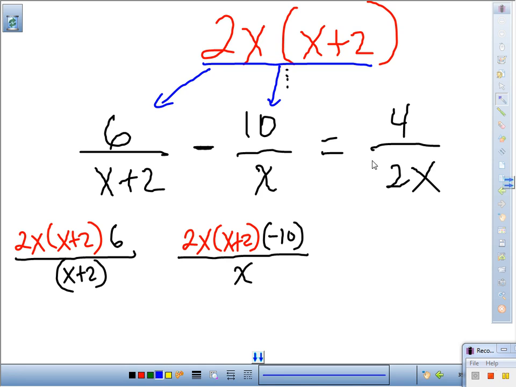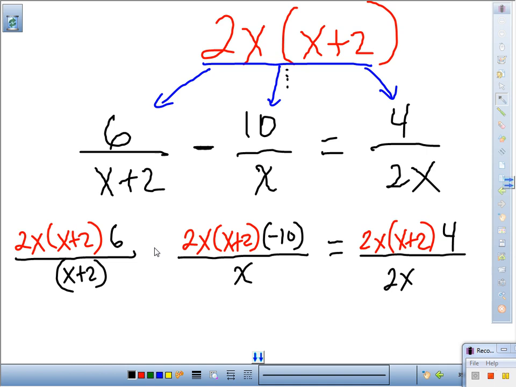And then, now I'm going to multiply it times the third term, or the last fraction over here on this side. So I have 2x, x plus 2, times, what do I have here? 4 over 2x. Bring down the equal sign, and here we should have a plus, in the meantime, while we do the distribution. Are we there so far?